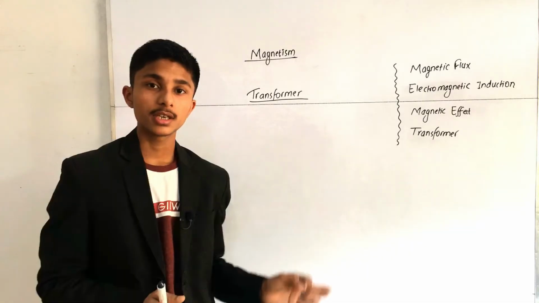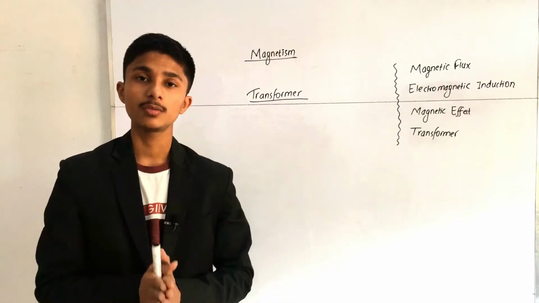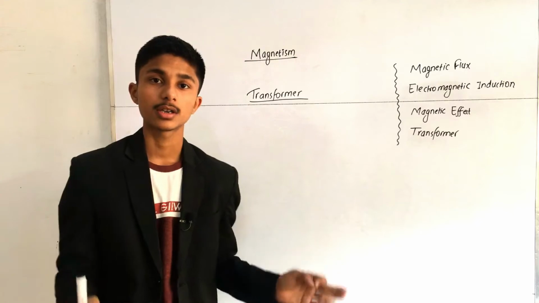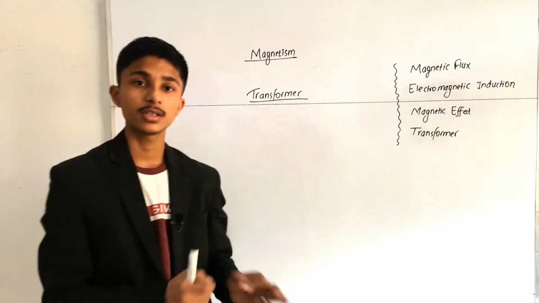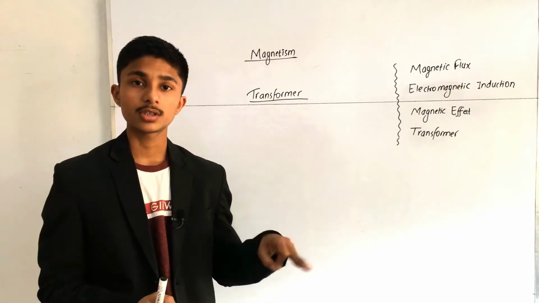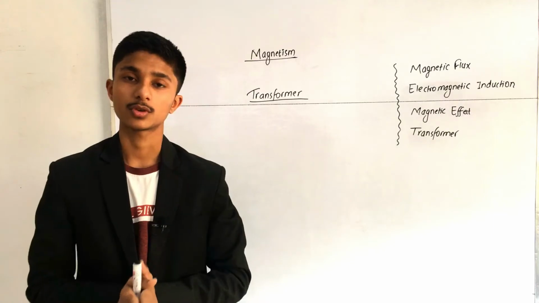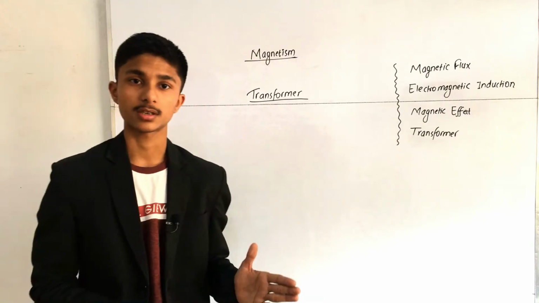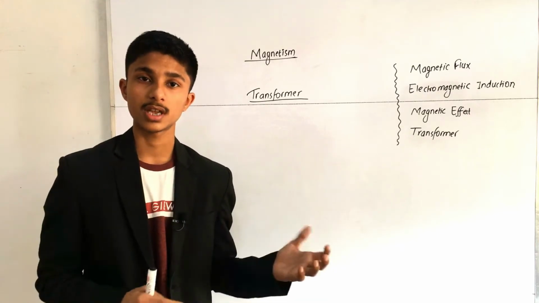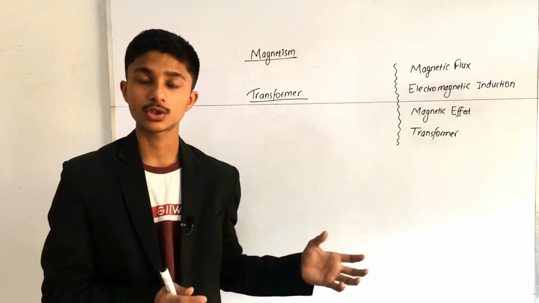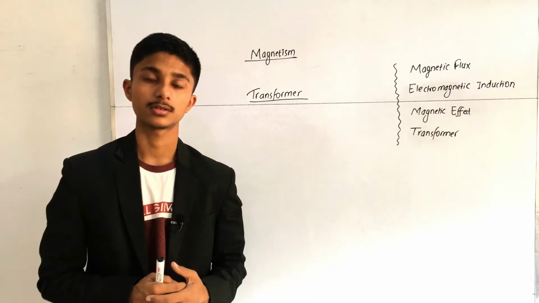Therefore, the decrease and increase of this electric voltage is done by a device called a transformer. Thus, a transformer is a device that changes the voltage either from high AC voltage to low AC voltage, or low AC voltage to high AC voltage.